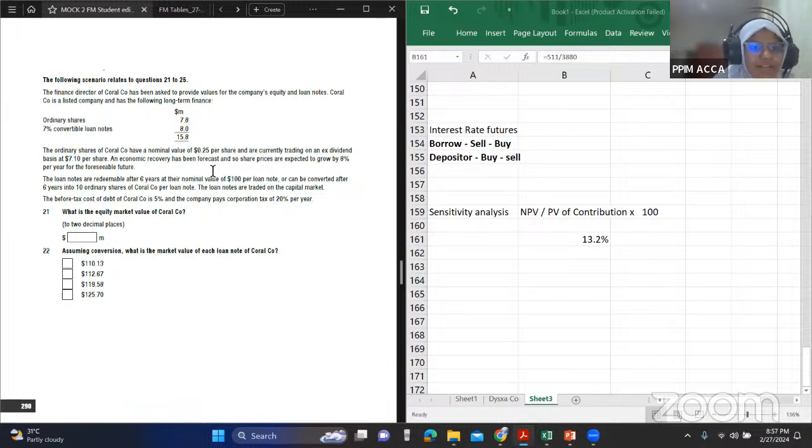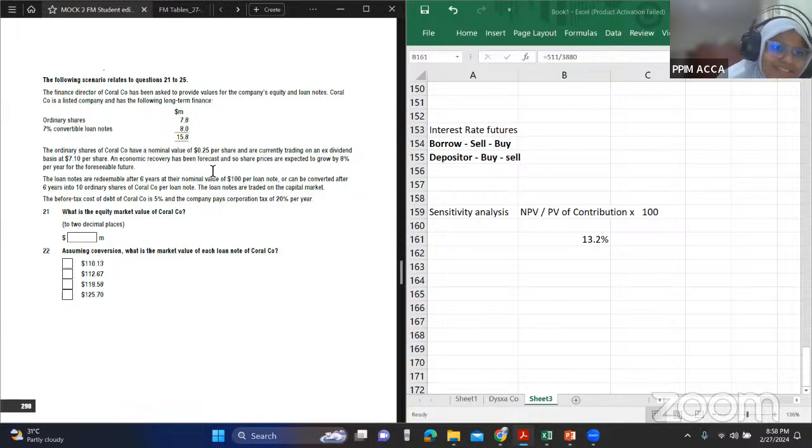The total value is 15.8. The ordinary shares of Coral have a nominal value of 0.25 per share and are currently trading on an ex-div basis at 7.1 per share. So we have the market value. An economic recovery has been forecast, and so share prices are expected to grow by 8% per year for the foreseeable future.